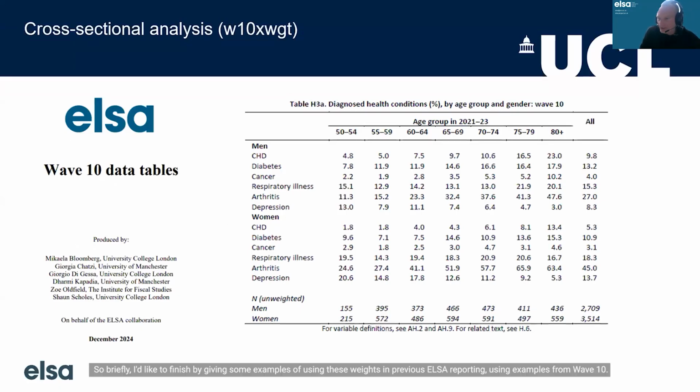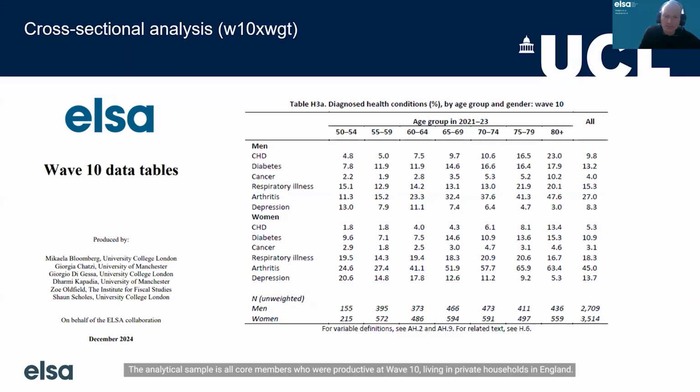So briefly, I'd like to finish by giving some examples of using these weights in previous ELSA reporting, using examples from wave 10. So this table shows the prevalence of diagnosed health conditions by age and gender.